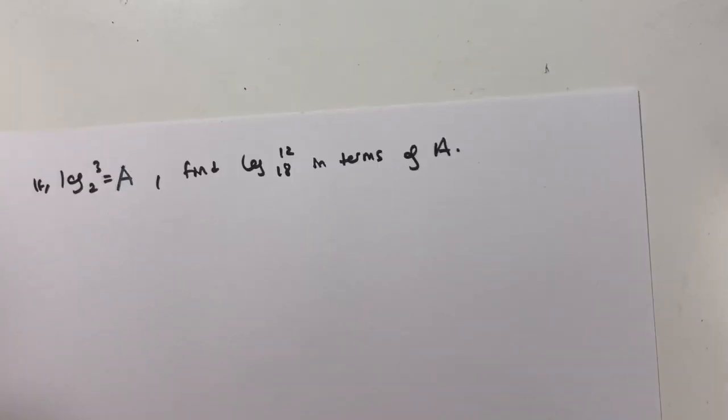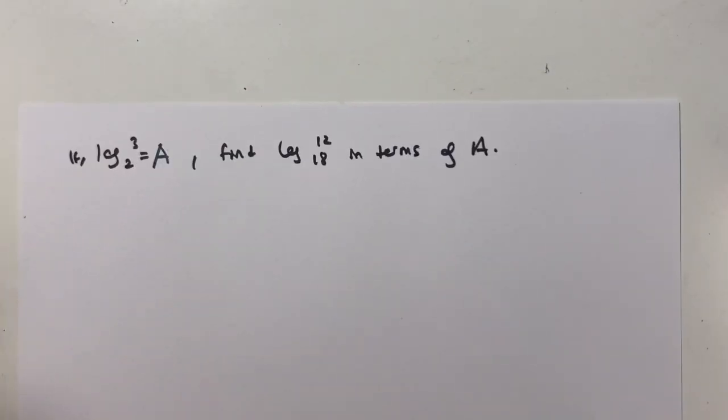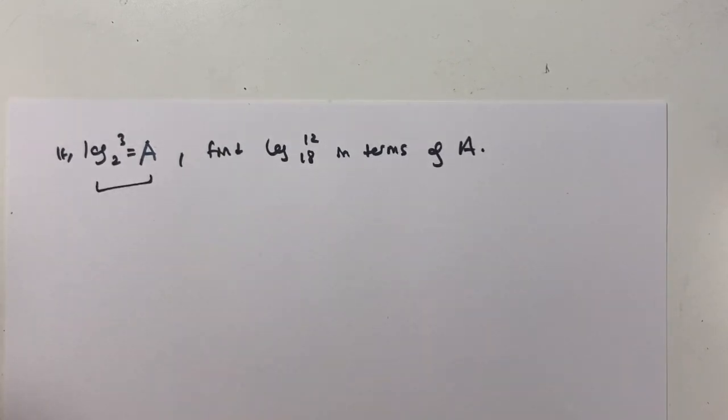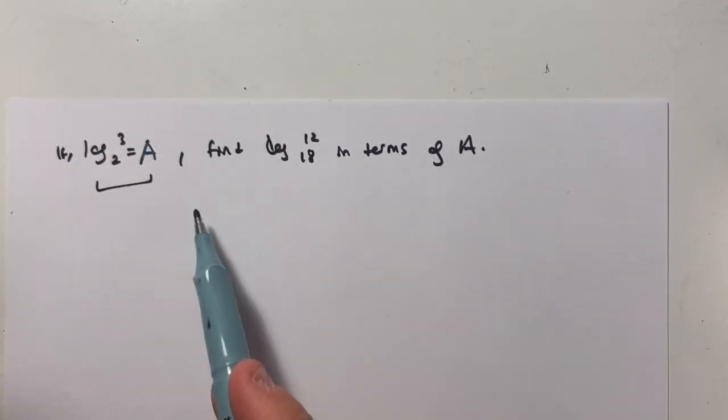So let's start with this question. These types of questions are really important and you will see them in lots of tests or quizzes. So let's start analyzing it. It gives us a constant and it wants you to solve this logarithm in terms of a.